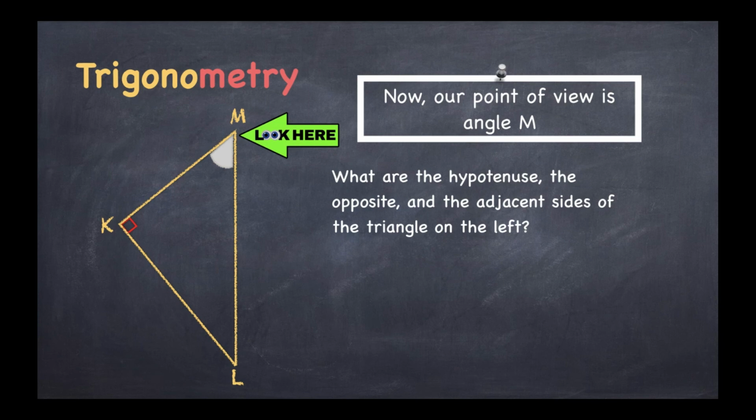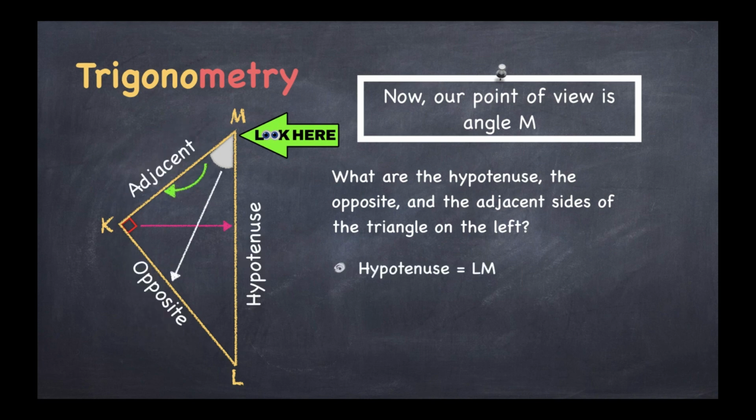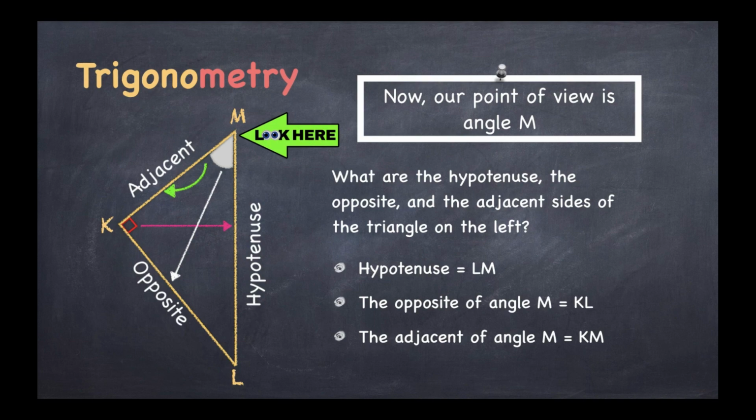Have you finished? Now let's check it out. The hypotenuse is the side LM, and the opposite of the angle M is the side GL, and the adjacent side is side GM.